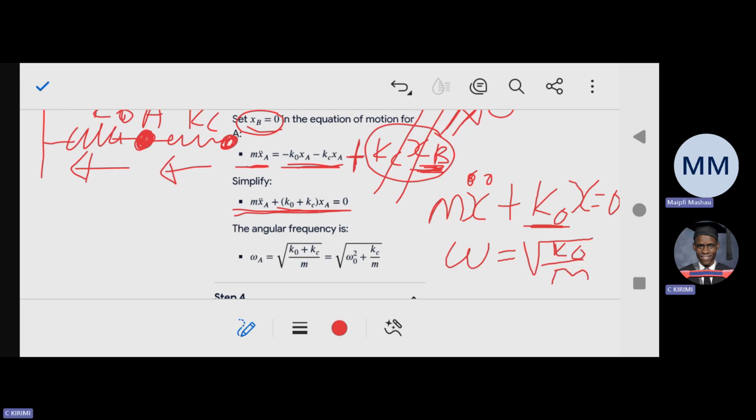So here they've taken out the coefficient of xa. So they want to see what is the coefficient of xa. That is your k naught.